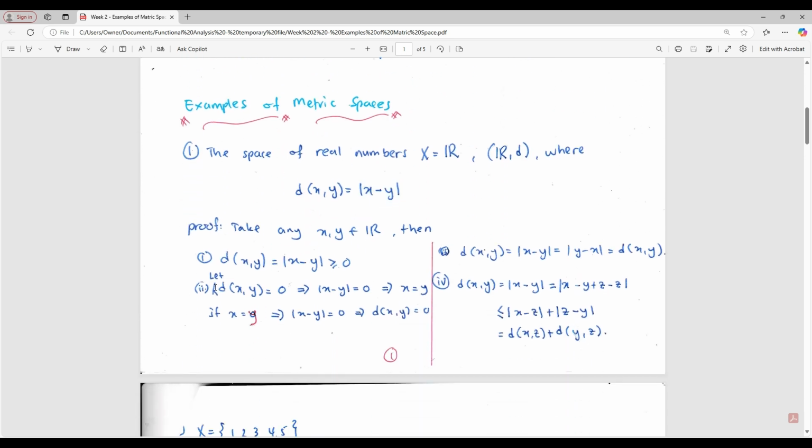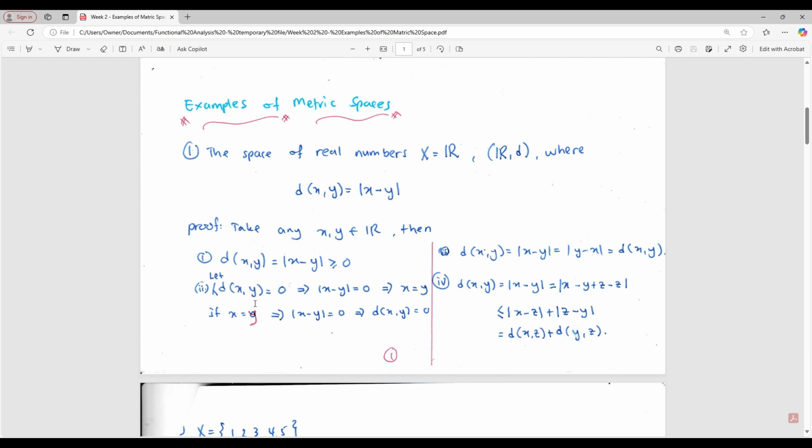So we assume the distance of x and y is equal to 0. If we assume this is true, it means that the absolute value of x minus y must be equal to 0. This can happen if and only if x is equal to y.